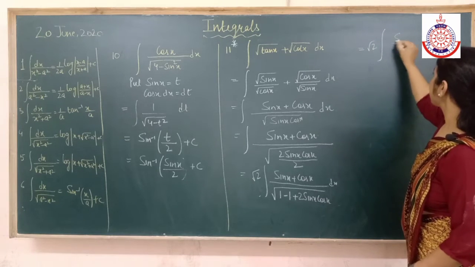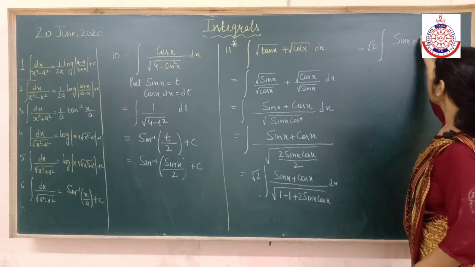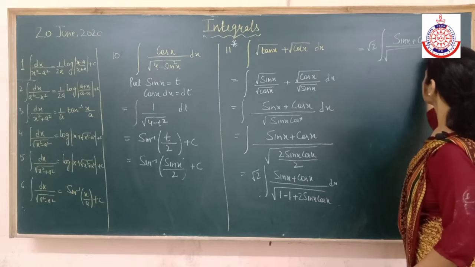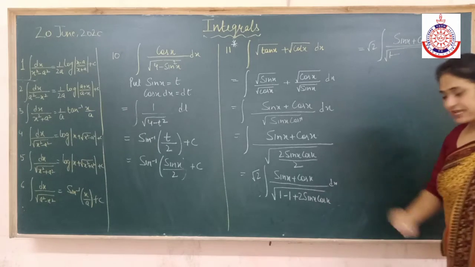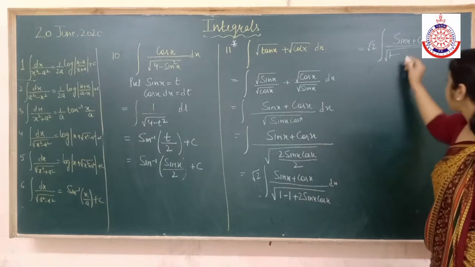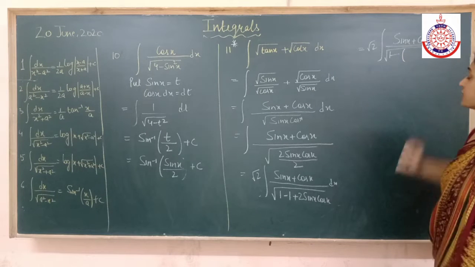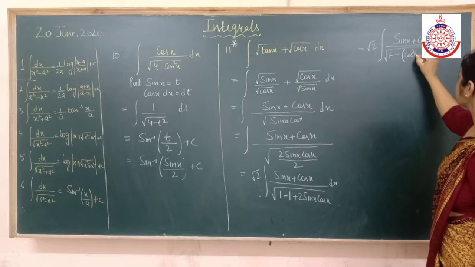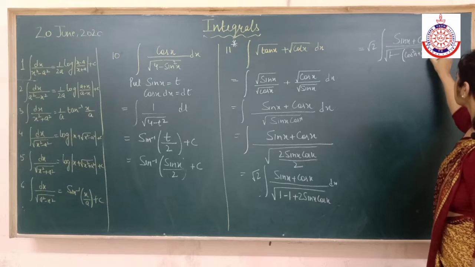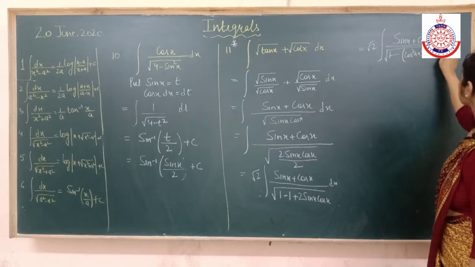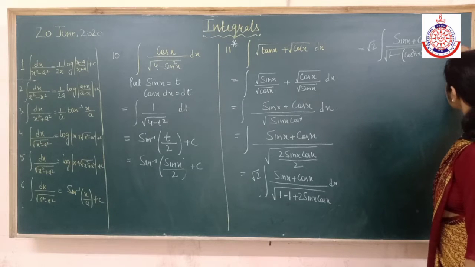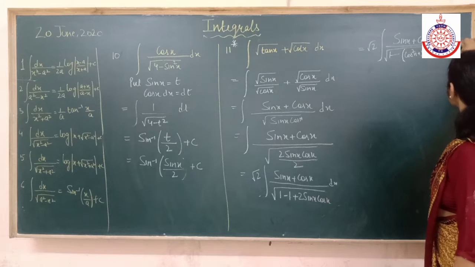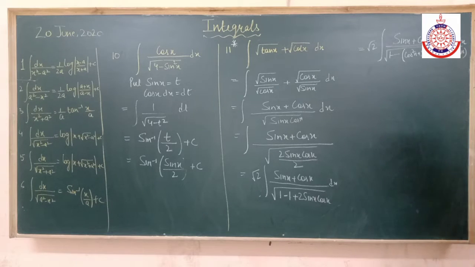Alright. So it has become sin x plus cos x. This minus I am taking out from these two and I am writing that inside that one as Alright.